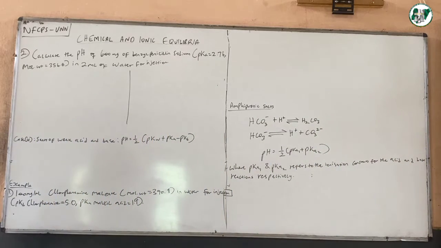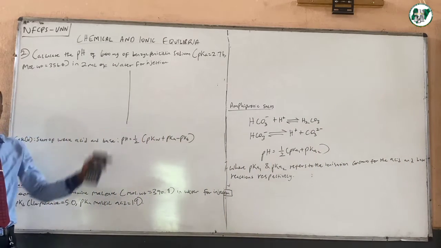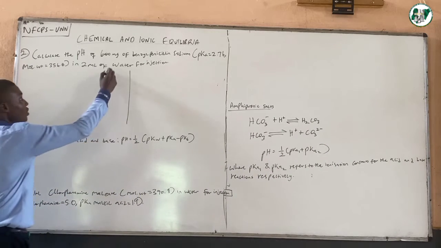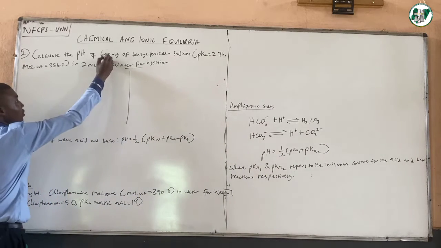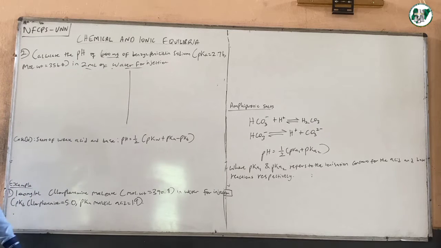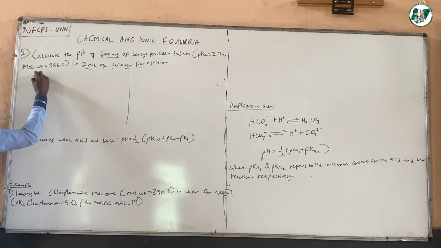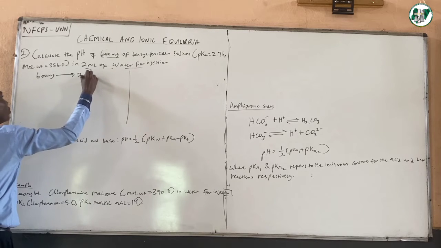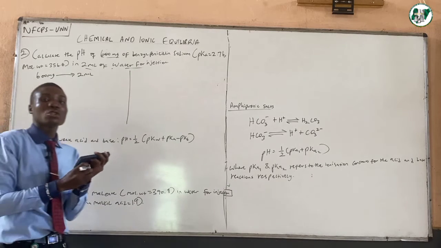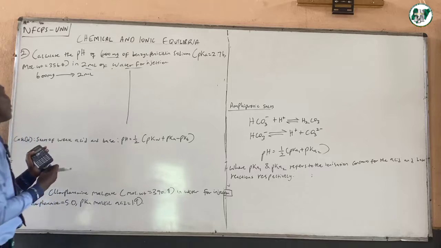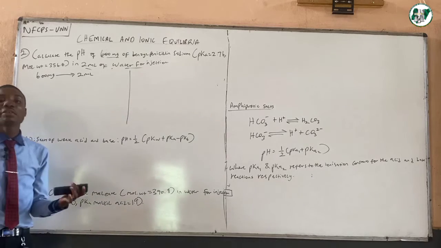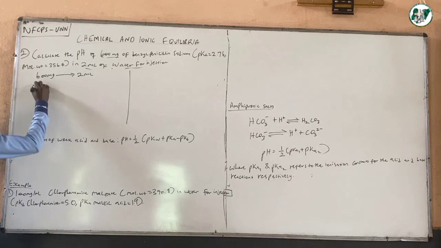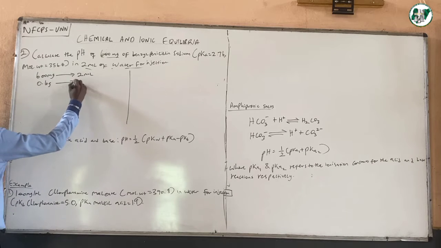Our concentration here, they said that 600 milligram is present in 2 ml of water for injection. This is not your concern. Your concern is 600 milligram in 2 ml for the purpose of this calculation. So we have 600 milligram present in 2 ml. Can we convert the milligram to gram? Yes, we can. To convert from milligram to gram, you simply divide by 1000. 600 milligram divided by 1000 will give you 0.6 gram present in 2 ml.